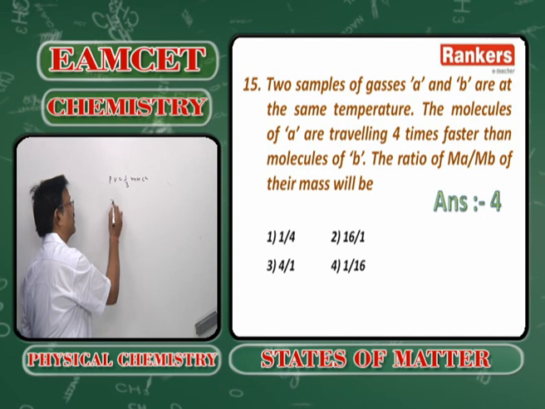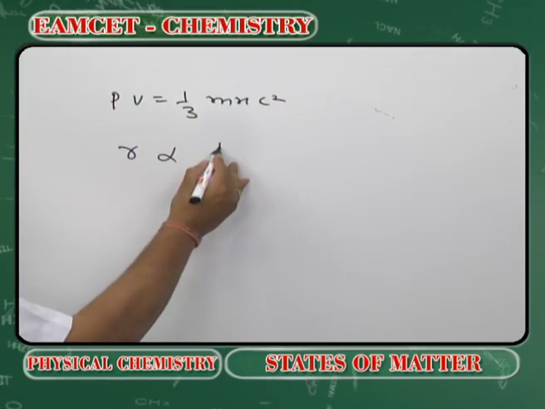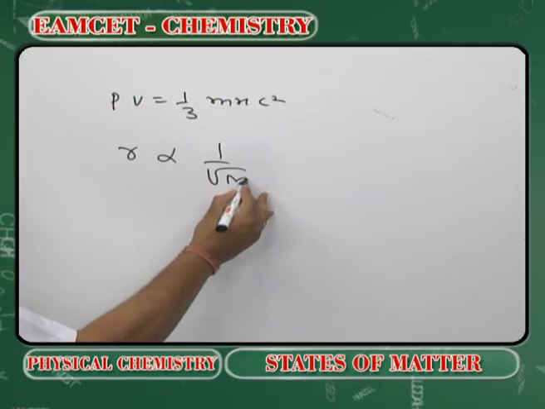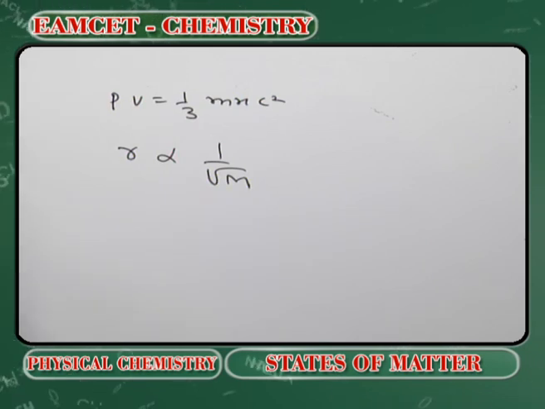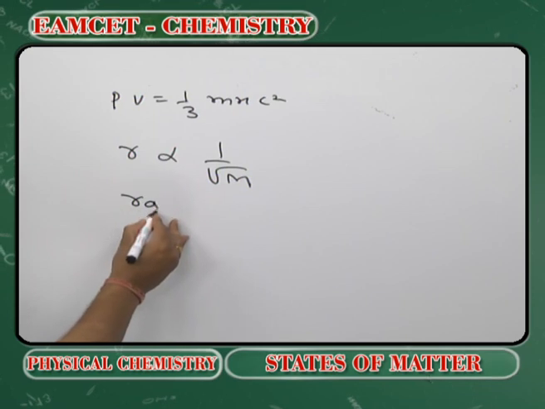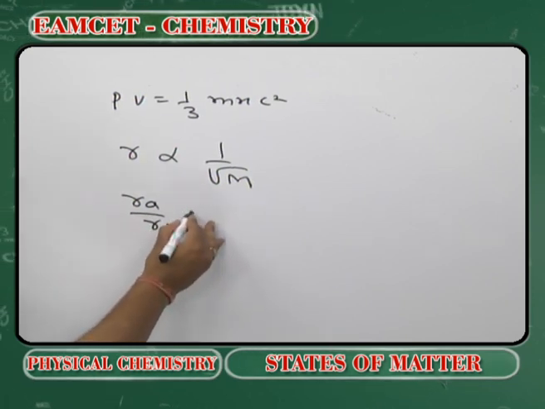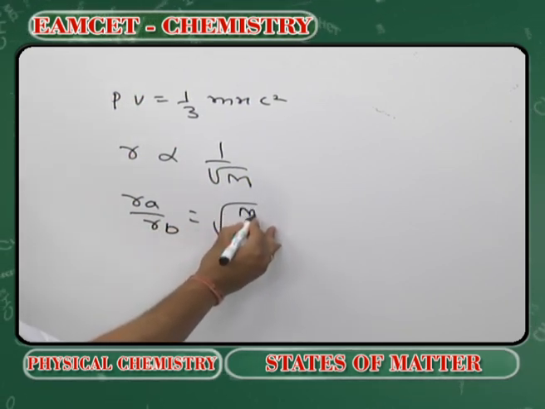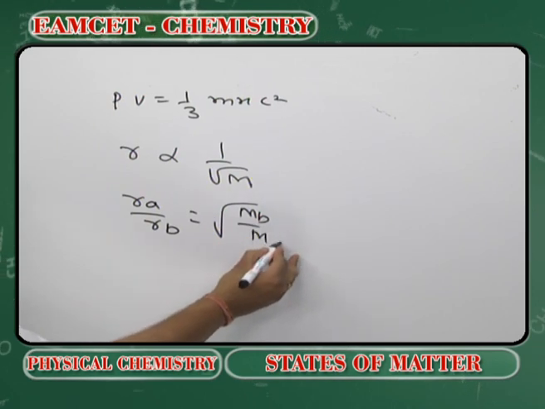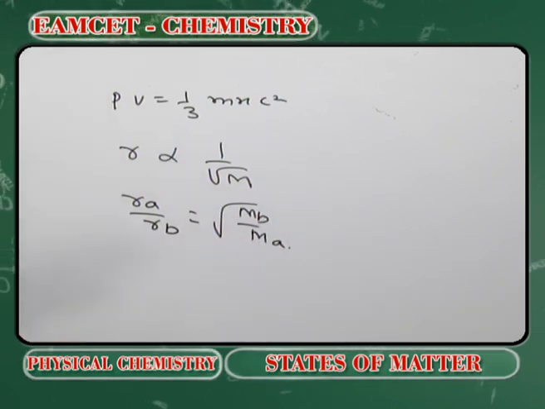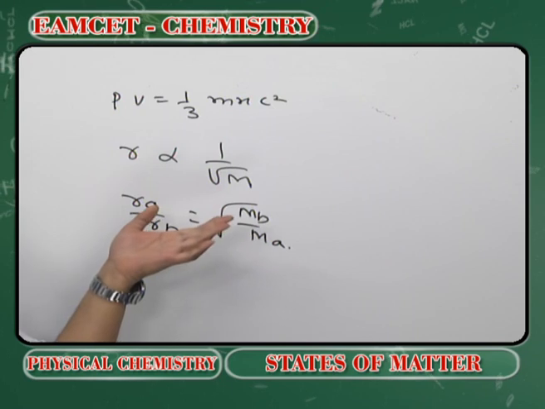Or rate of diffusion is inversely proportional to the molecular weight. RA by RB is equal to root of MB by MA. This is nothing but rate of diffusion.